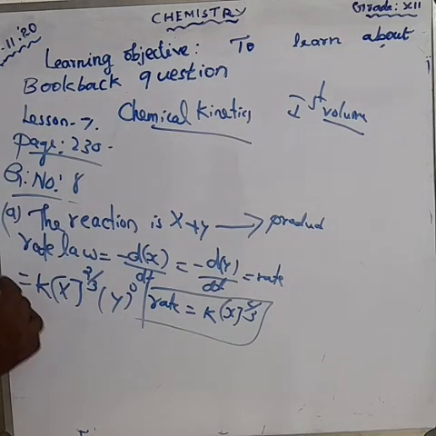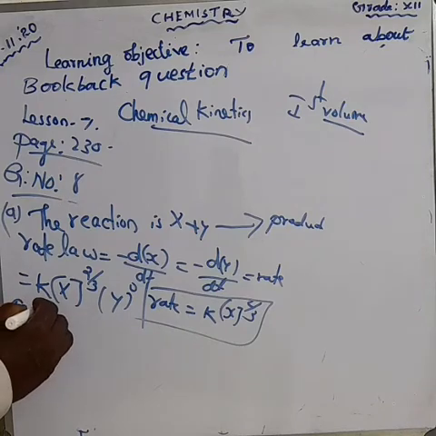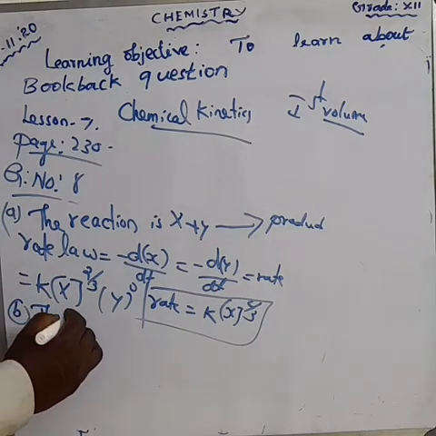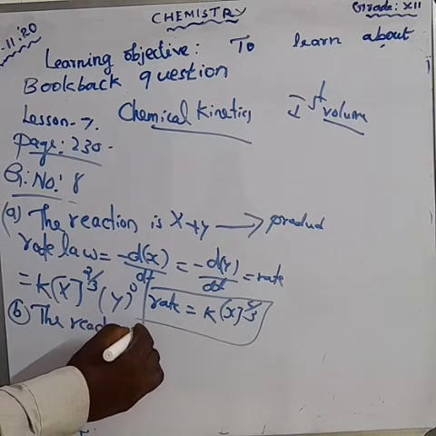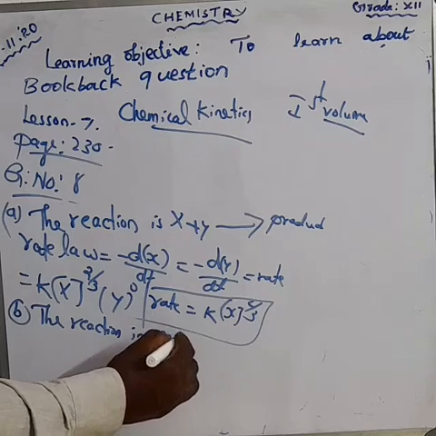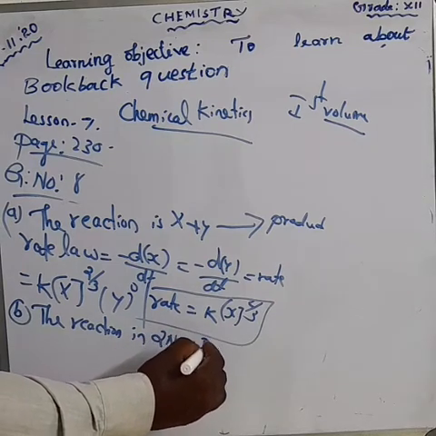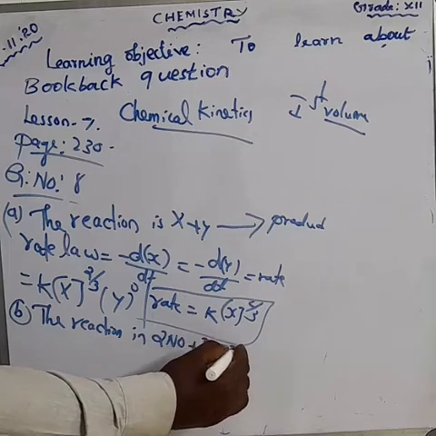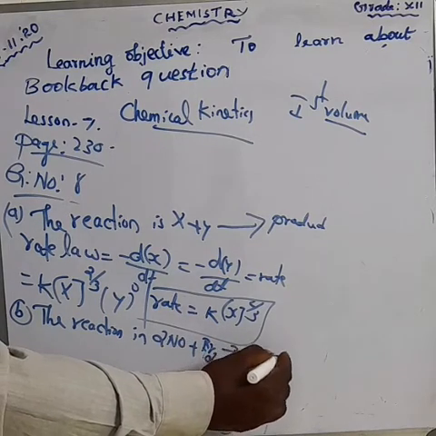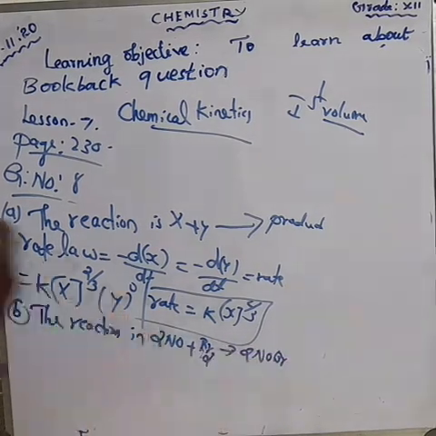Next, the second option: the reaction that is second order in NO and first order in Br2. The reaction is 2NO plus Br2 gives 2NOBr. That's the equation.